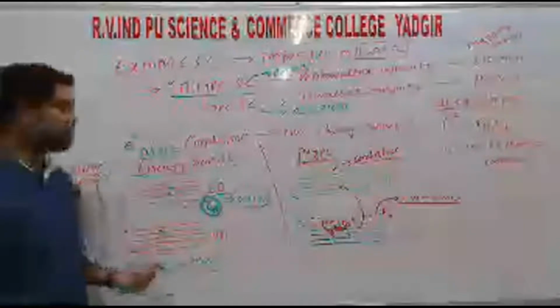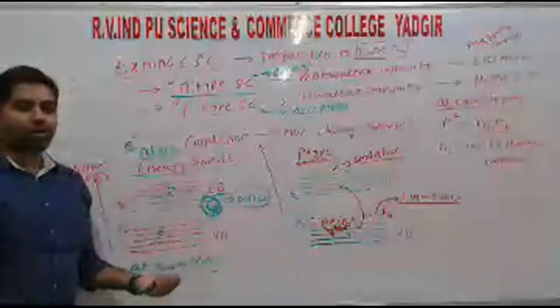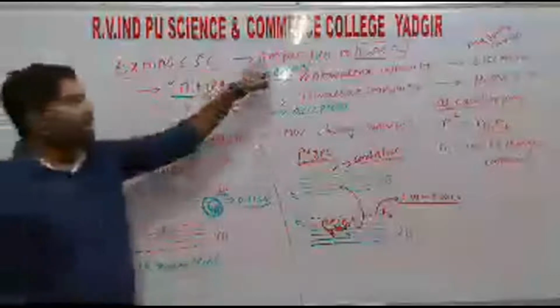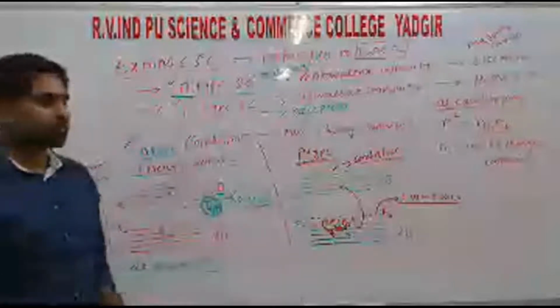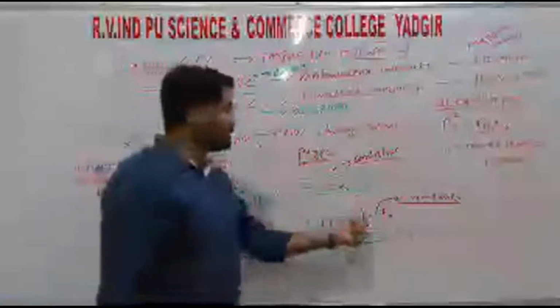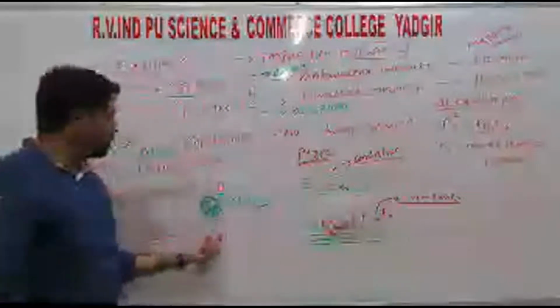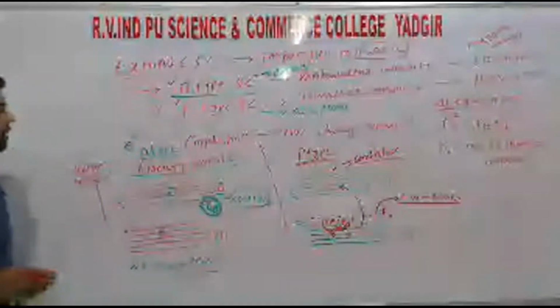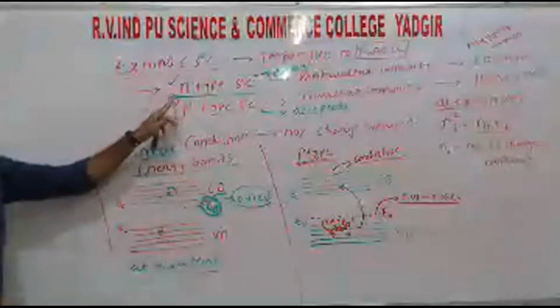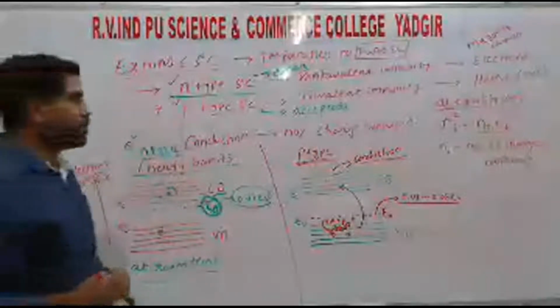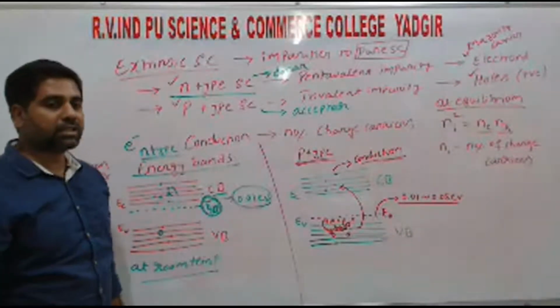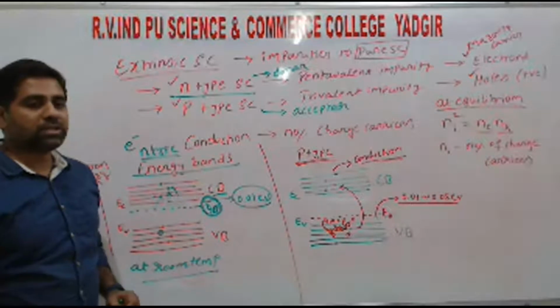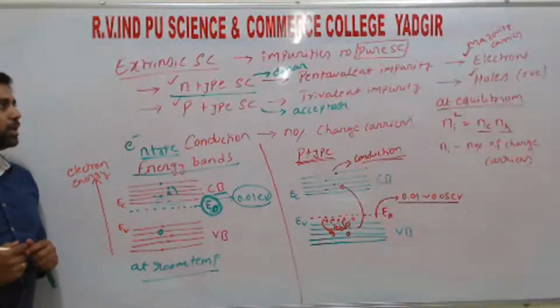These will be helpful in further studies, right? So two extra bands are formed when impurities are added to the pure semiconductor. One is the donor band and another one is the acceptor band. Those energies we call Ed and Ea, right? This is about the energy bands in case of n-type and p-type semiconductor. The most important point is that in n-type, electrons are the majority charge carriers and in p-type the majority charge carriers are the holes, right?